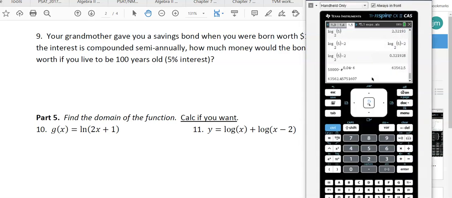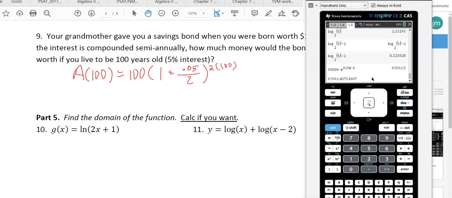So we've got our formula: A of t, the amount after 100 years, is going to equal the principal, which was only $100, times 1 plus the rate, which is 0.05, divided by how often it's compounded, which is 2, to the 2 times t power, and t is 100.